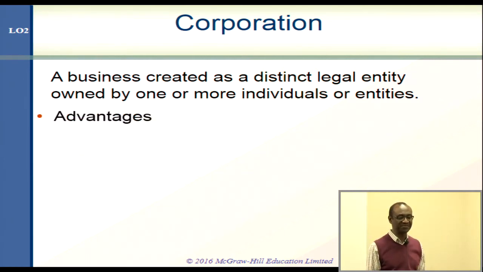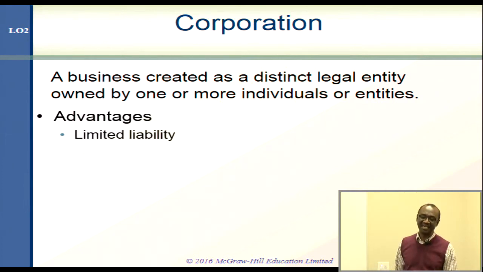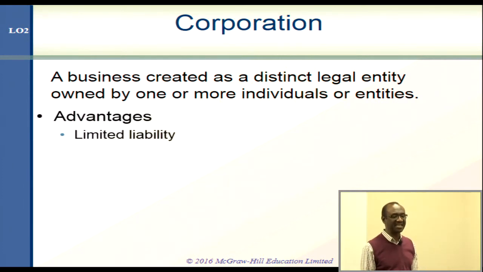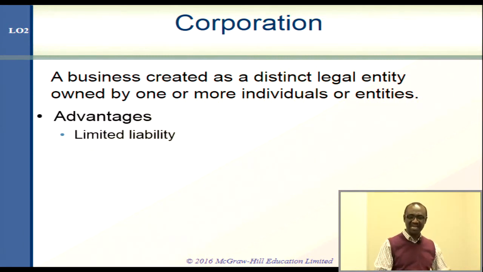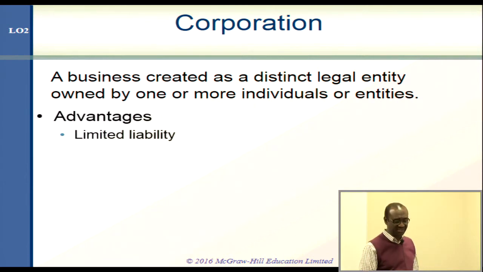The first one is that it's limited liability. Limited liability in the sense that the liability this corporation can ever owe is dependent on the subscription by the owners. And when we say owners, we mean the shareholders of this organization. So, the company gets incorporated.